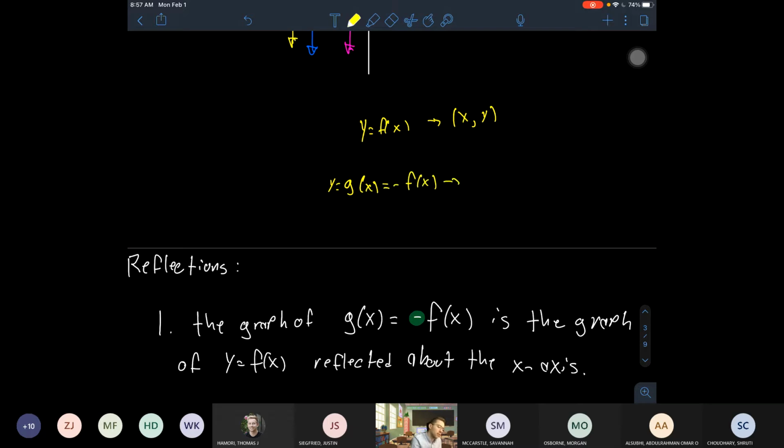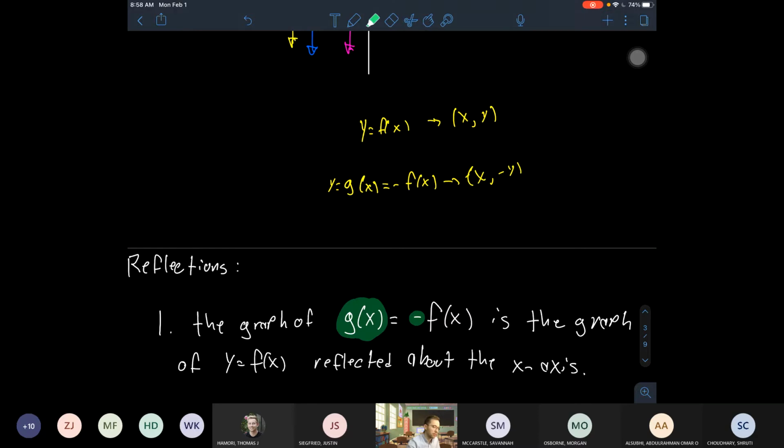Well, the point that's going to be on this graph is the point x comma negative y. We say that the height of the function g is going to be the negation of the height of the function f. So if f is 10 units tall, then g will be negative 10 units tall, or if f is negative 10 units tall, then g will be 10 units tall.